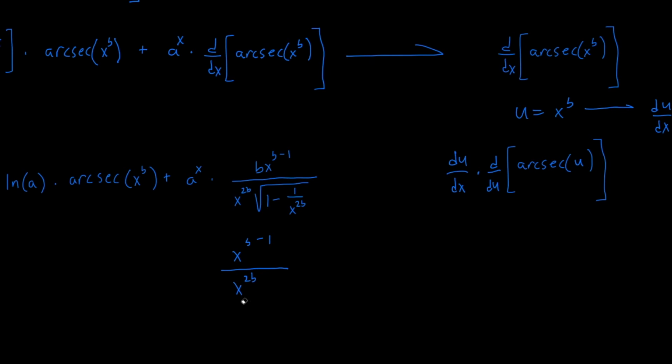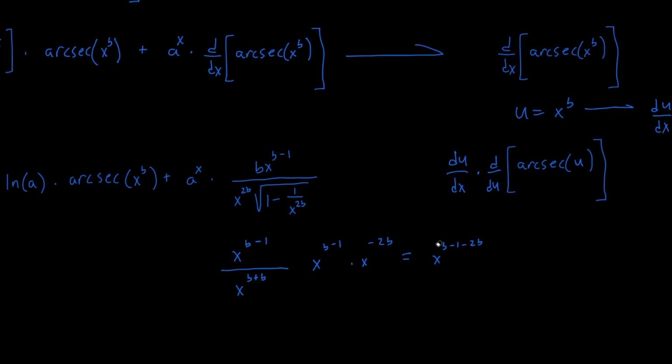So x to the 2b is the same as saying x to the b plus b. Just clean this up. And x to the b minus 1 times x to the minus 2b is equal to x to the b minus 1 minus 2b.